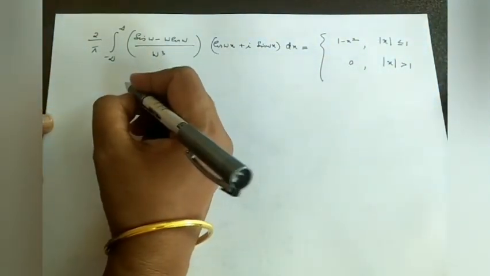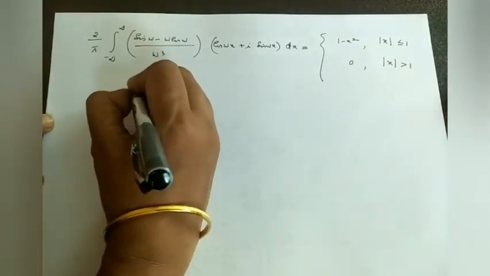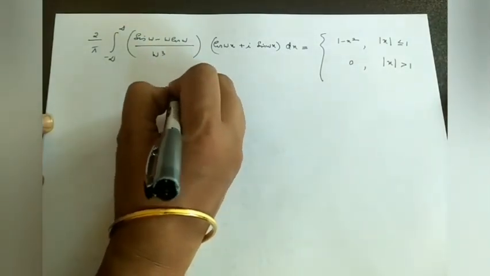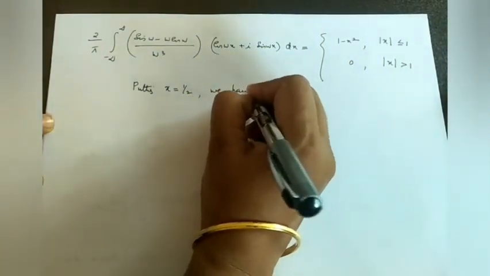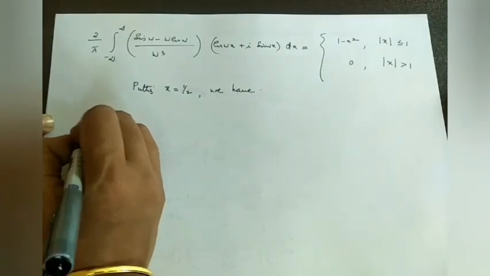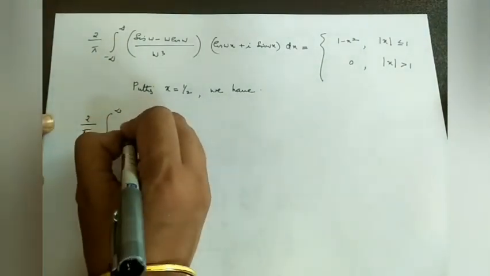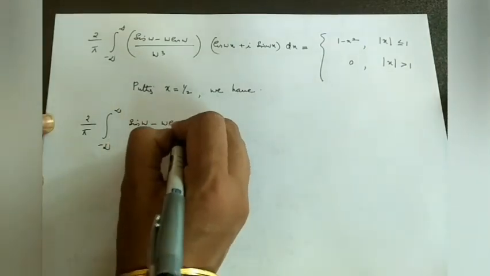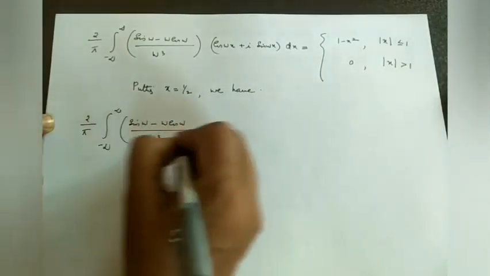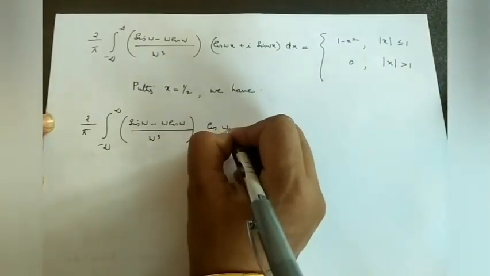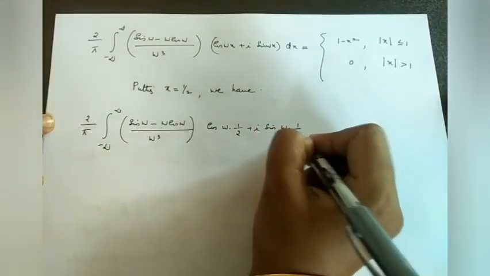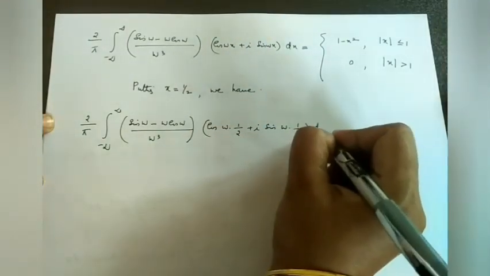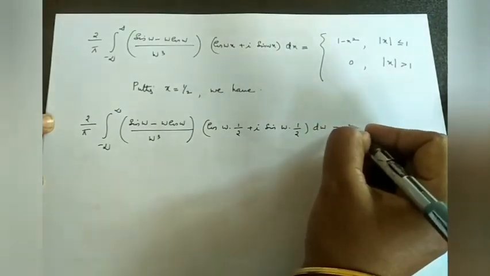Now to obtain the answer we put x is equal to 1 by 2. Okay, putting x is equal to 1 by 2 on both sides, we have 2 by pi integral from minus infinity to infinity, sin omega minus omega cos omega by omega cube into cos omega into 1 by 2 plus I sin omega into 1 by 2, d omega is equal to f of 1 by 2.